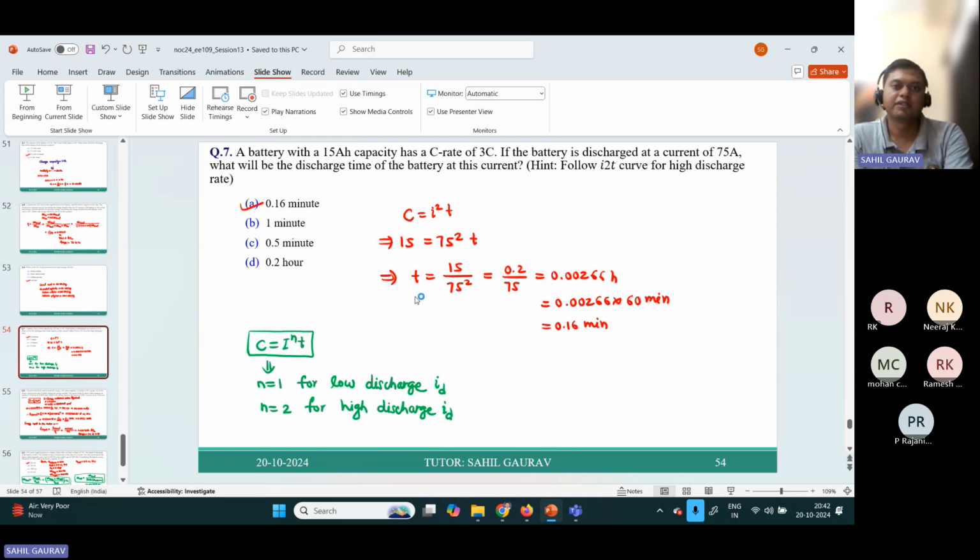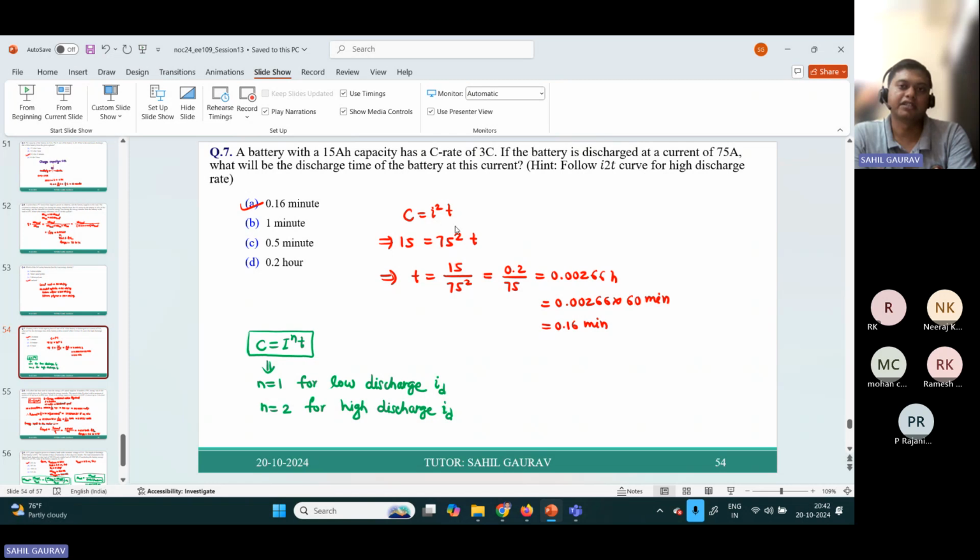So coming to the next problem, here this is the C rate. A battery with 15 ampere hour capacity has a C rate of 3C. With the battery discharge current of 75 ampere, what will be the discharge time of the battery at this current? Here you have to follow the I square T curve for high discharge rate.